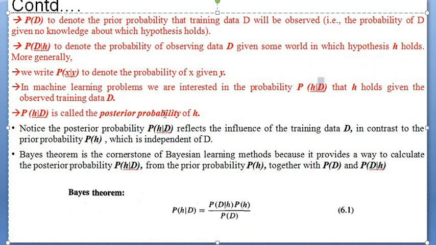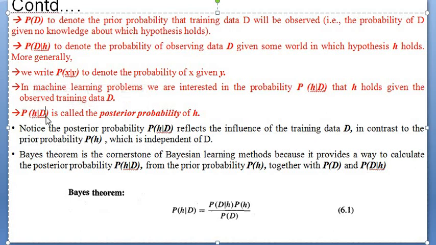Okay, and next, this P of H given D is called the posterior probability, exactly opposite of D given H. D given H is called the prior probability, whereas H given D is called the posterior probability. Why is it called posterior? Here we give the data set, then we can calculate the hypothesis value.